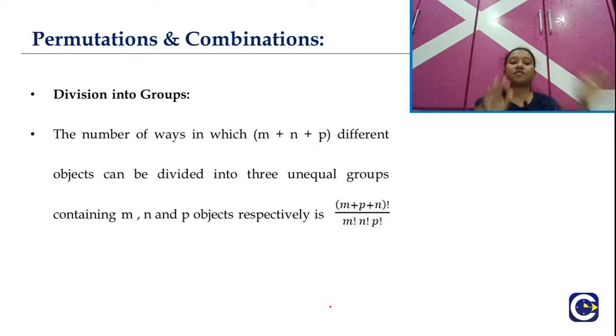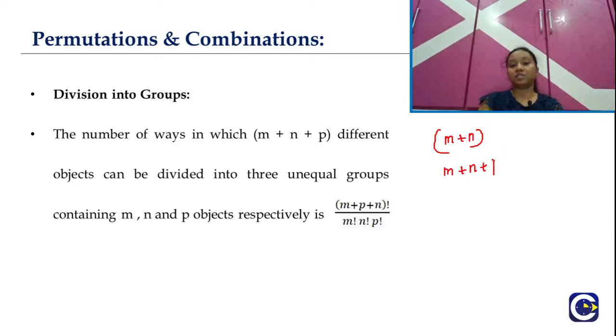Right, so what is our first case which we have discussed about this division into groups? The first one is when we have m plus n different objects. Now here we have m plus n plus p different objects. Initially, the number of ways of dividing into two unequal groups is given by m plus n factorial by m factorial into n factorial.